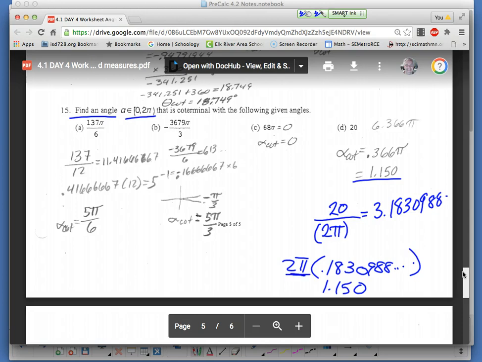Multiply the pi in. So I multiplied it in. So if I want to put it over the way I did in the problem, divide out the pi from 1.15044. So I got to divide that out. If I divide out that pi, I get 0.36619, and that's where this 0.366 pi comes from.